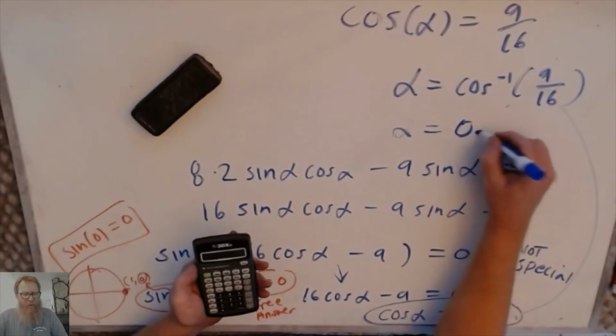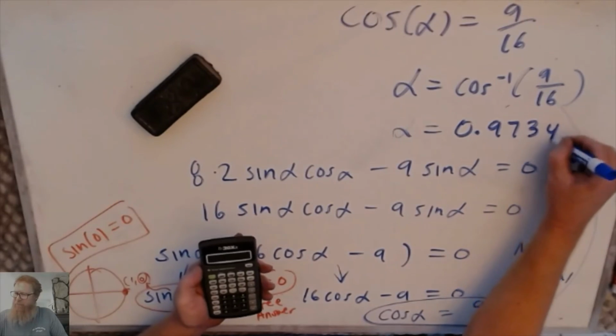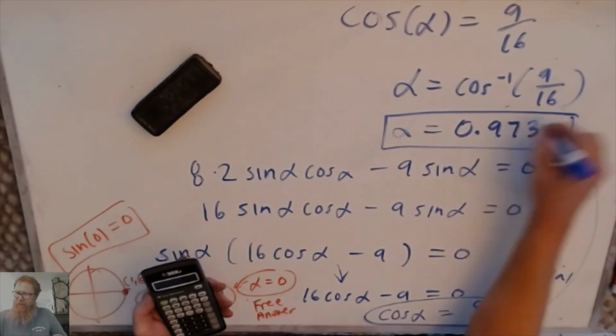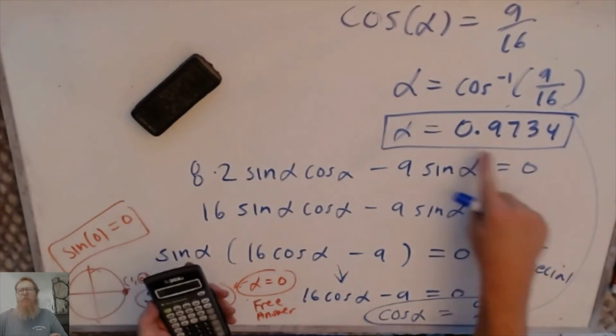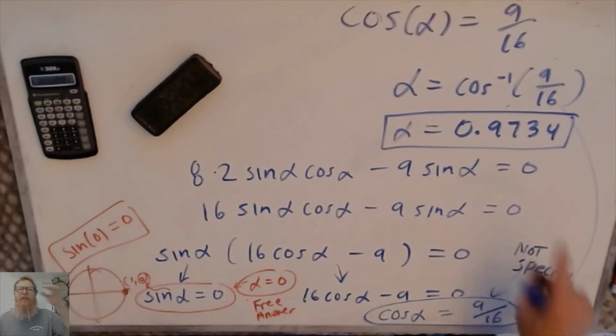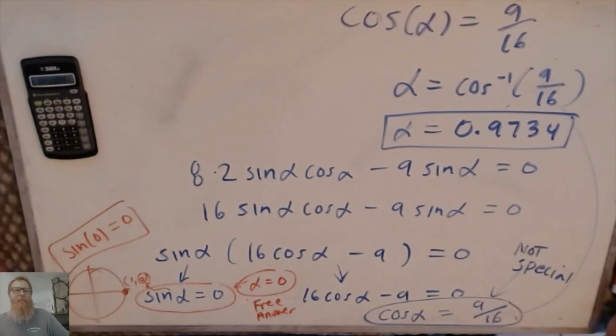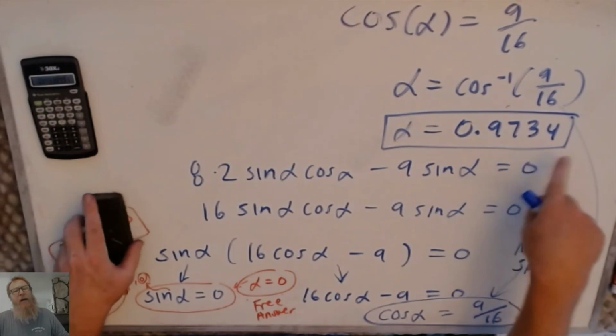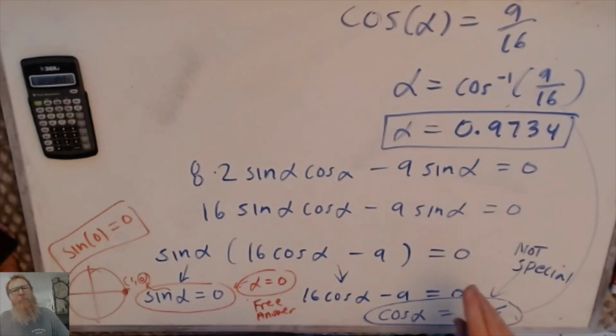Alpha is 0.9734. If you really want to know what that is, you can convert it into degrees. It's about 56, 55 degrees, something like that. If you just like to intuitively know where that is, when you see a decimal, you might wonder, what does 0.9734 mean? Well, you just multiply it by 180 and divide it by pi, and you'll get about 56 degrees.